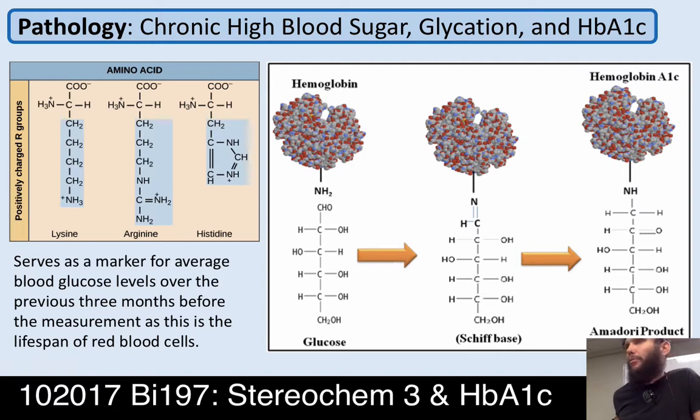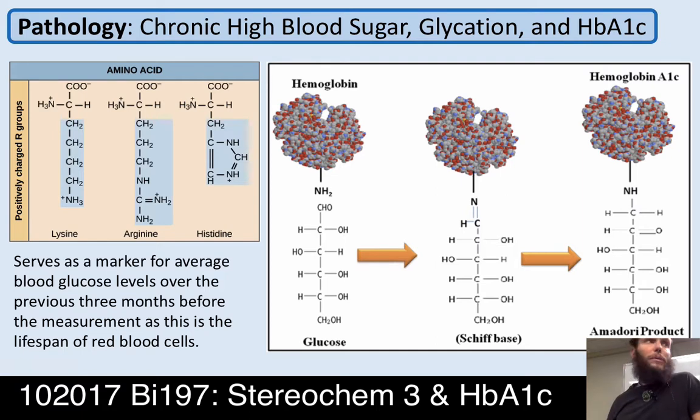Glycation is a major problem for people with chronically high blood glucose. And hemoglobin is just one of the, I already told you, between 100 and 140,000 different types of proteins your body makes. All of them are susceptible to glycation if they're exposed to chronically high levels of glucose.